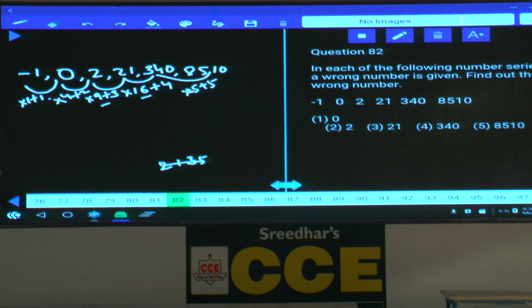340 into 25. 340 into 25 is so much? 8500, and plus 5 will be 8505.